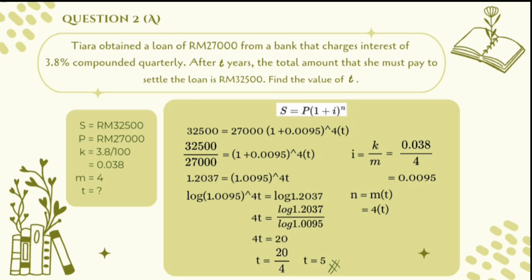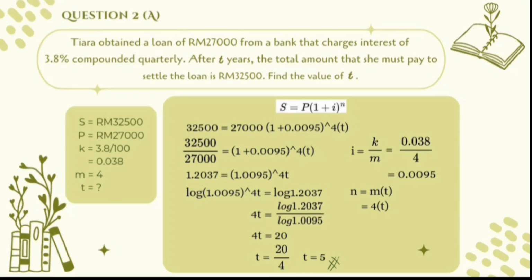To find i, we need to divide K by M, which is 0.038 over 4, equal to 0.0095. First, we need to state the formula of compound interest, which is S equals P (1 + i)^n. Now we put the values into the formula: 32,500 equals 27,000 (1 + 0.0095)^(4T), and then 32,500 divided by 27,000 equals (1 + 0.0095)^(4T).